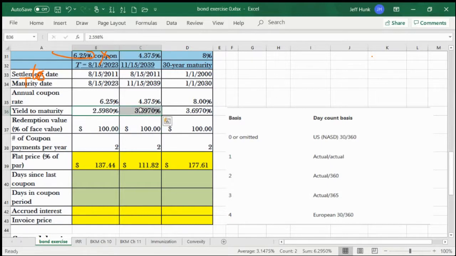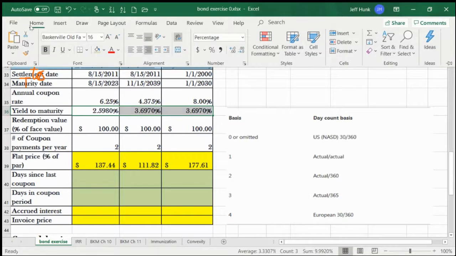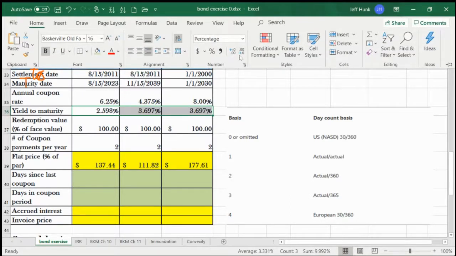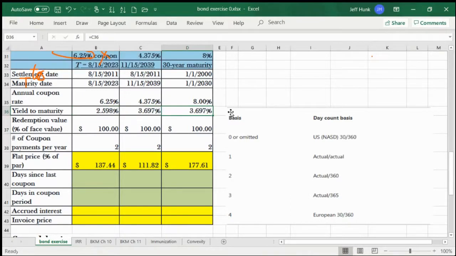And you have to have, and the third case, the third example had what was the 10% coupon rate.